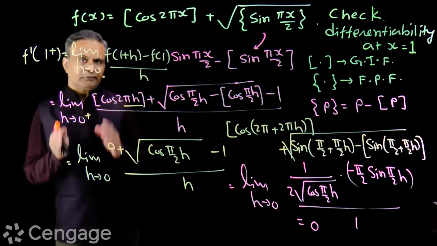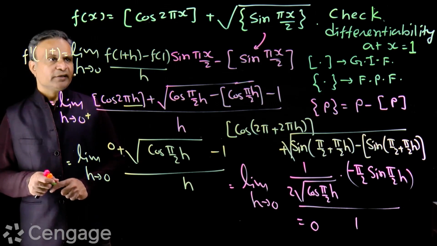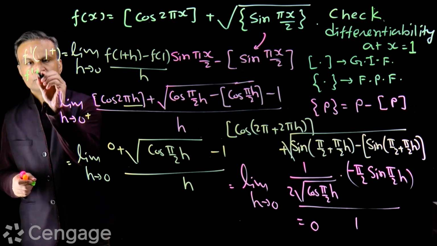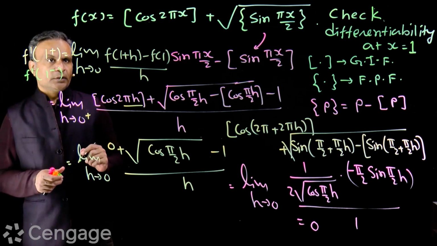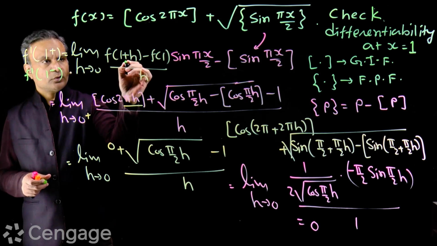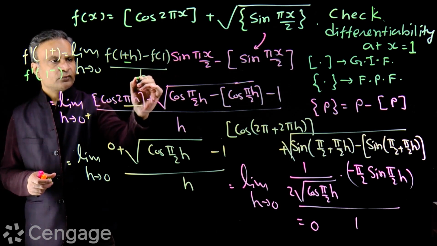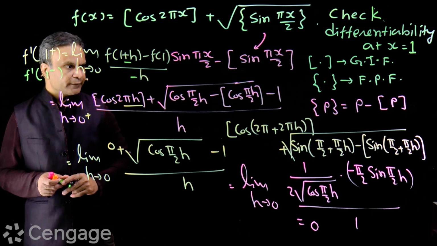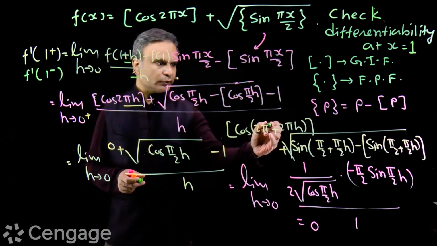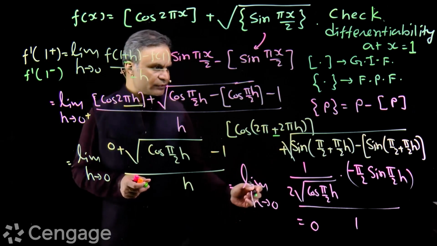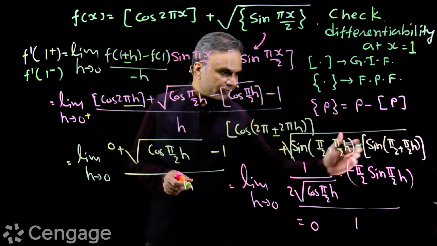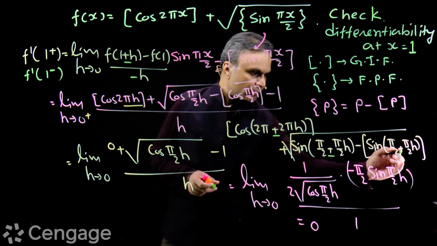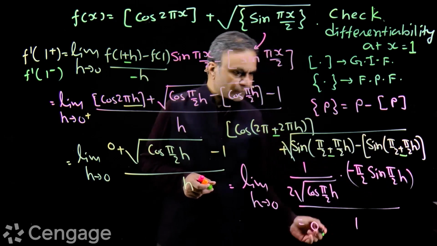Now we find the left hand derivative. For the left hand derivative f'(1-), we will have the limit as h tends to 0 of f(1-h) minus f(1) over minus h. So we will have cos(2π - 2πh), and here we will have the angle π/2 minus πh/2.